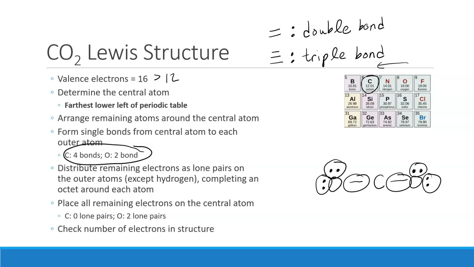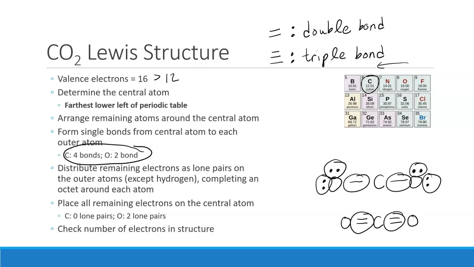For this structure, we still have 4 valence electrons, and we know that each oxygen wants 2 bonds. So if I redraw this carbon and instead give each oxygen 2 bonds by doing a double bond, now the carbon is surrounded by a total of 4 bonds. We've got the 2 on the left and the 2 on the right. So carbon now has a total of 4 bonds around it, and each oxygen has 2 bonds to it.